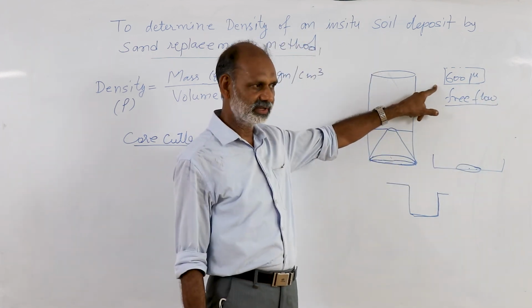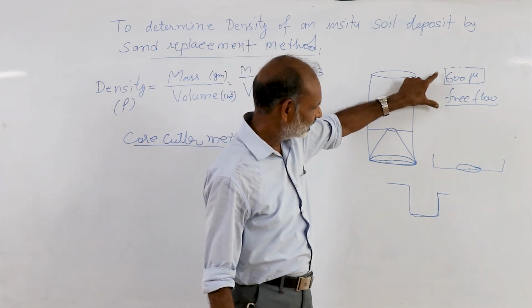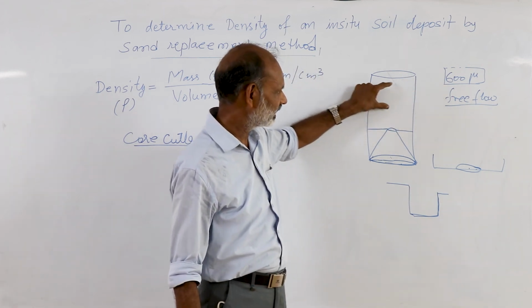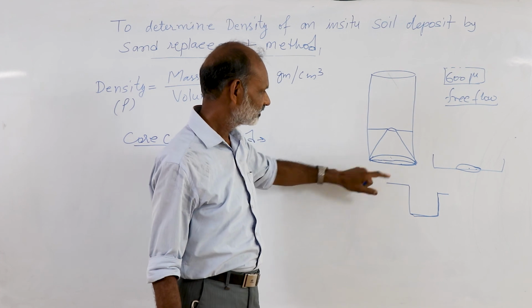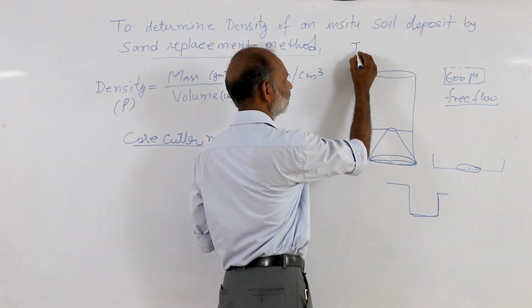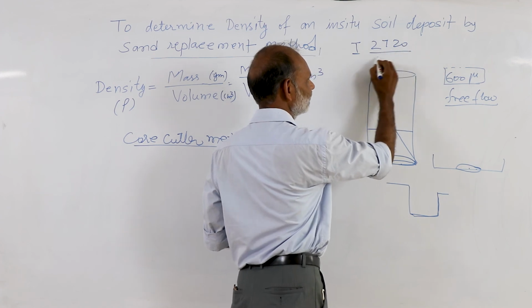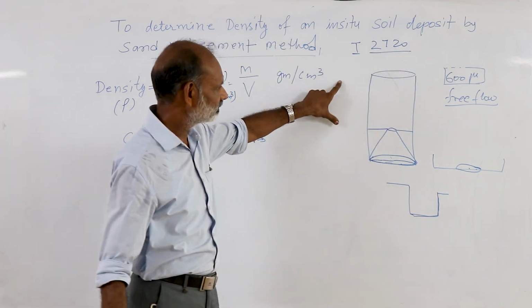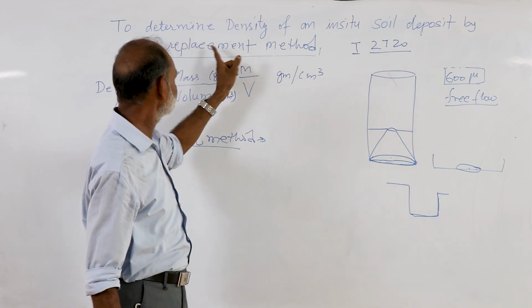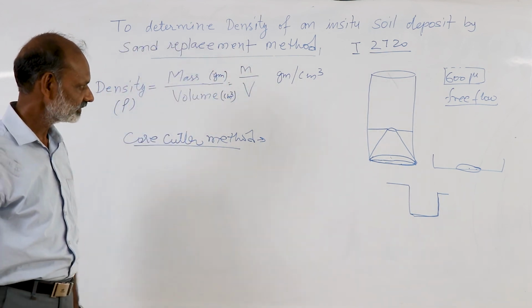If the sand has higher grains or lower grains, it will not flow freely. So the IS code 2720 gives the procedure of this sand replacement method.